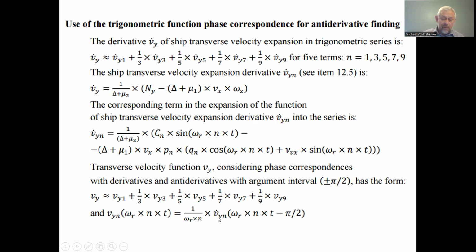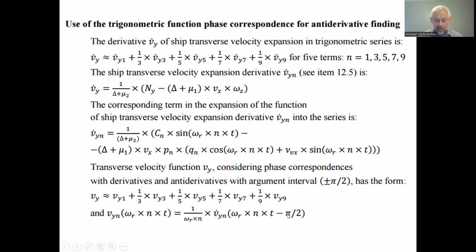So when we want to find the antiderivative of the function, we have to divide by this factor multiplying the time under the argument of the function, and we account for the phase difference of the derivative and antiderivative of the sine and cosine functions.